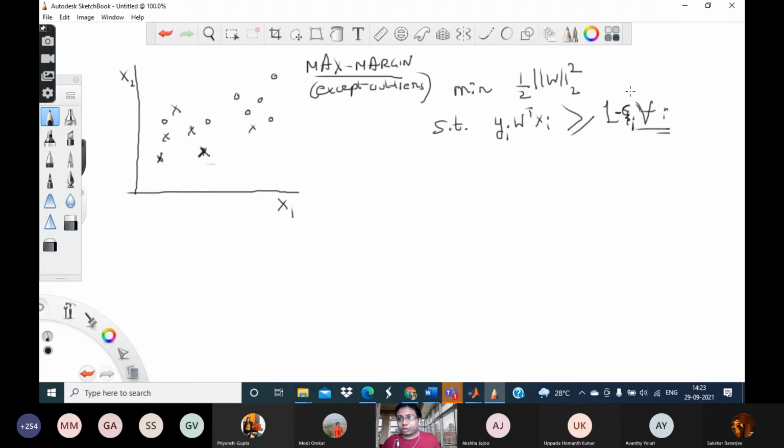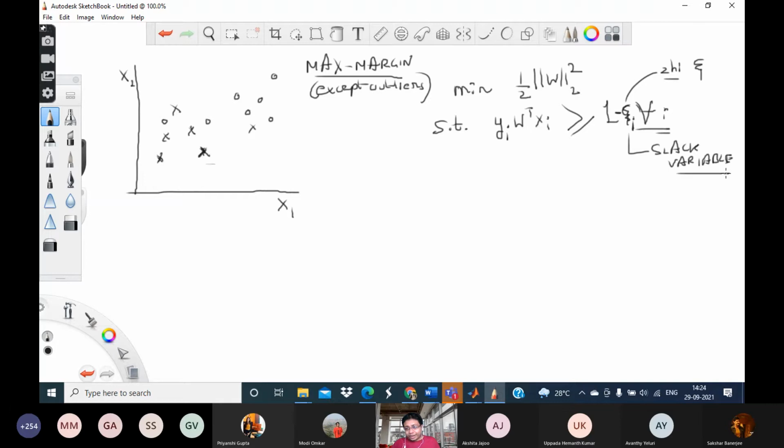Now this symbol is called xi. This is the xi, and this is called a slack variable. Why do I need the slack variable?